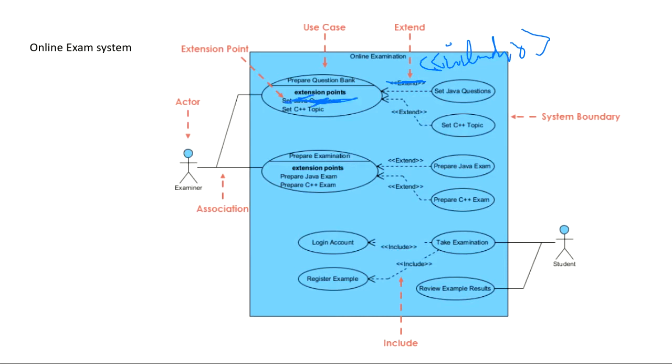It means when you are preparing a question bank, every time you are including the Java questions; in all your question banks, there are Java questions for sure. But in some of your question papers, C++ questions are also there. That is what this use case would mean: every time you prepare a question bank, you include the Java questions all the time, but only sometimes you include the C++ questions.